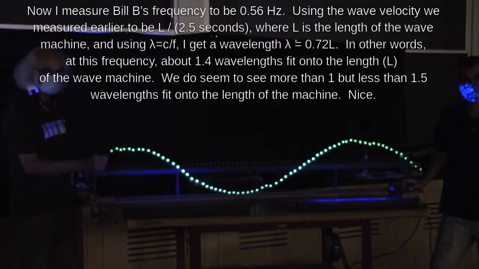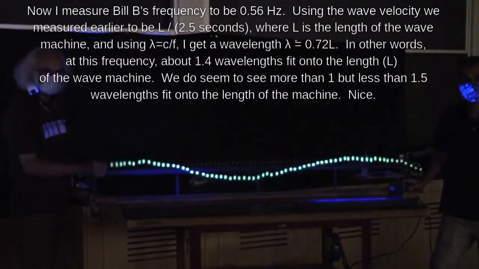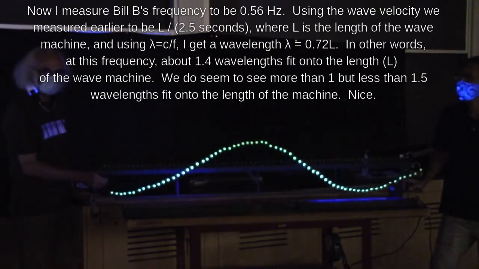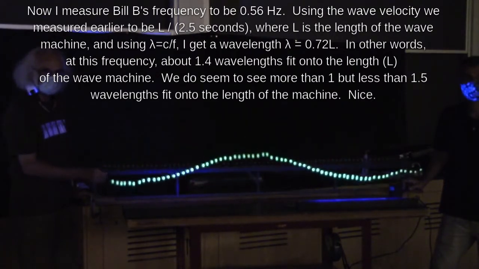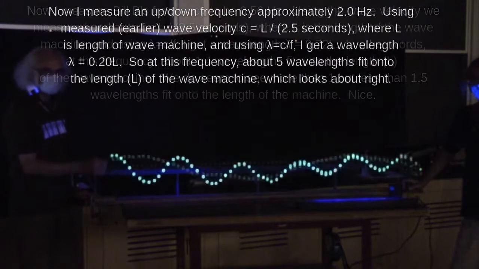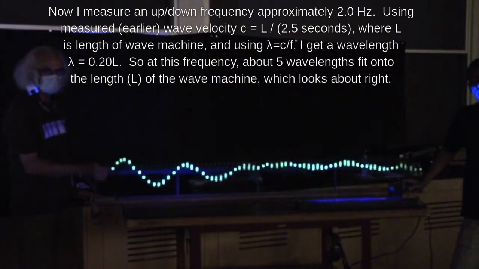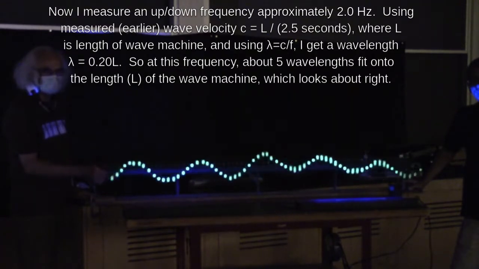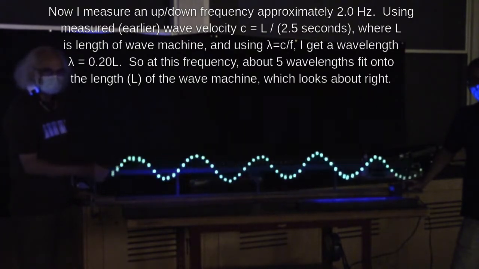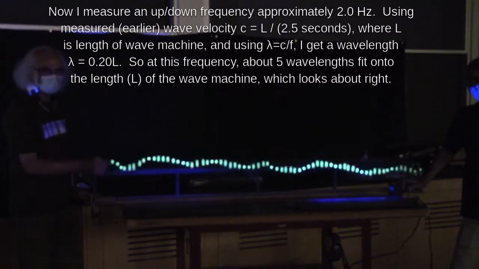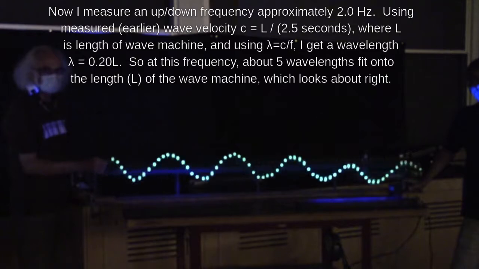That's a pretty nice sine wave where we have approximately 1 complete wavelength on the wave machine. One, 2, 3, 4. Looks like between 5 and 6 complete waves on the machine. I don't know, roughly 5 waves on the machine, I think. Cool.